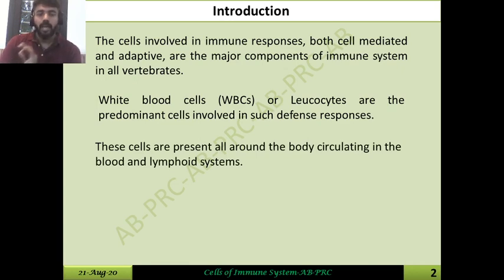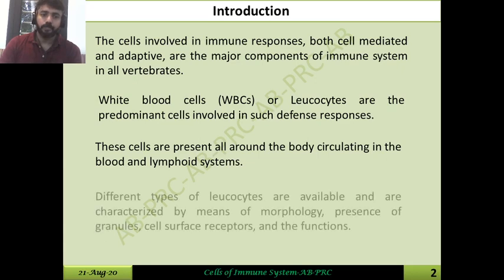They are found in body fluids like blood and lymph, and also in the immune organs like the secondary organs especially, and also the tertiary organs like the spleen, lymph node, the MALT, the mucosal tissues or the cutaneous tissues. All those sites are locations where we can find these immune cells.